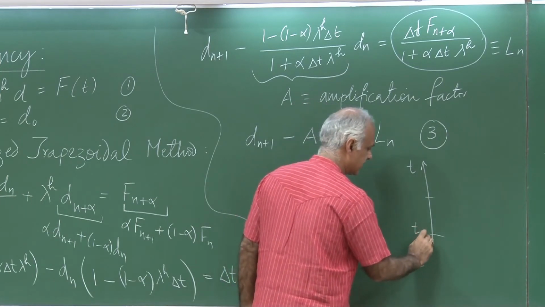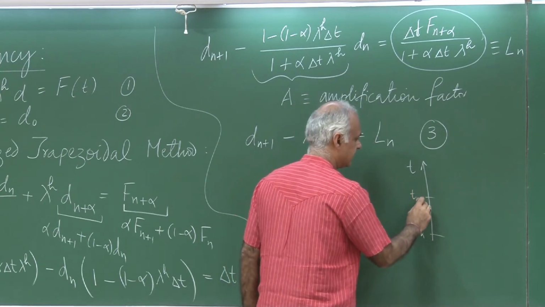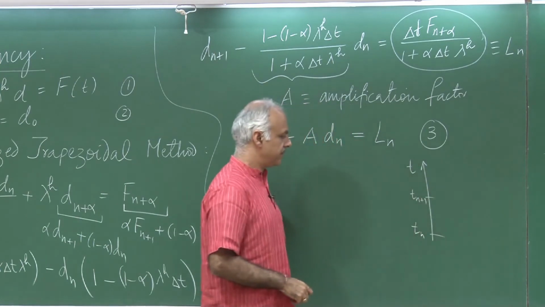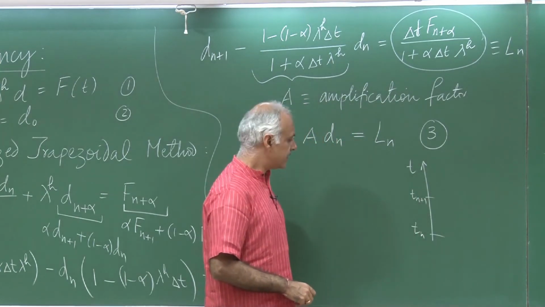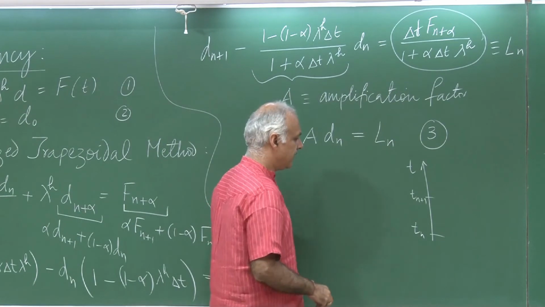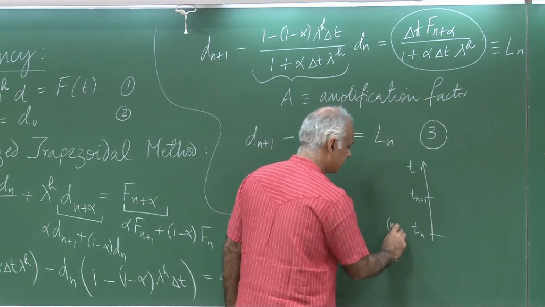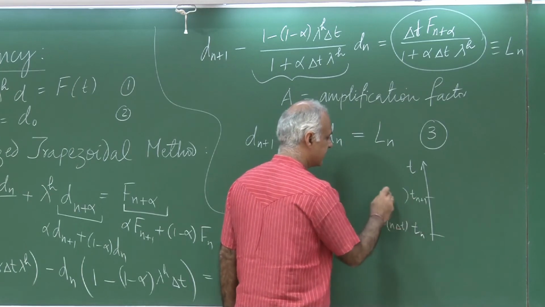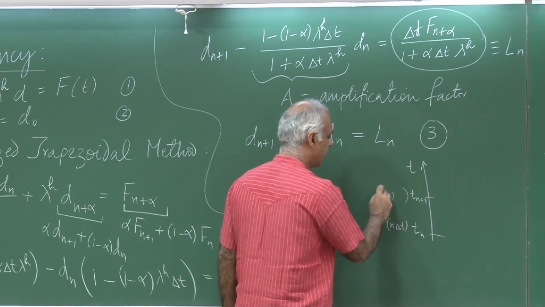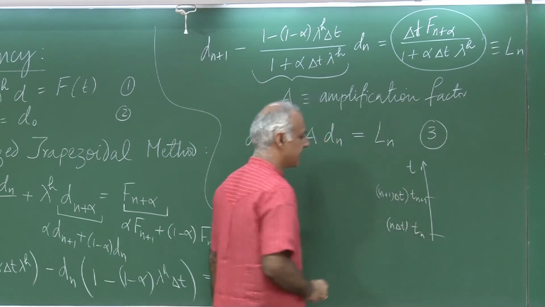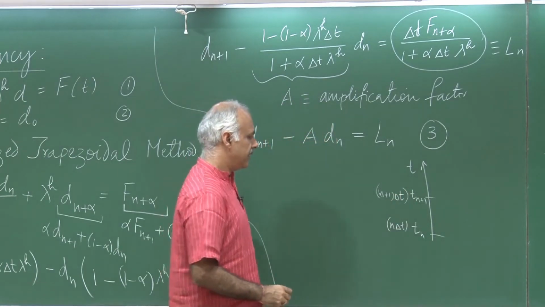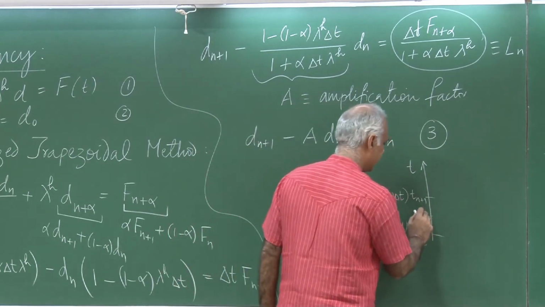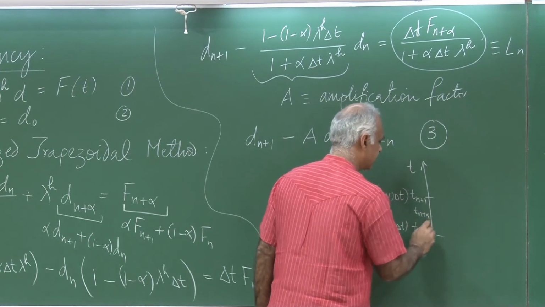So, this is Tn, this is Tn plus 1, and if I am taking a uniform time step delta t, then this is equivalent to n delta t, and this is equivalent to n plus 1 times delta t. Somewhere there is a time level T n plus alpha.